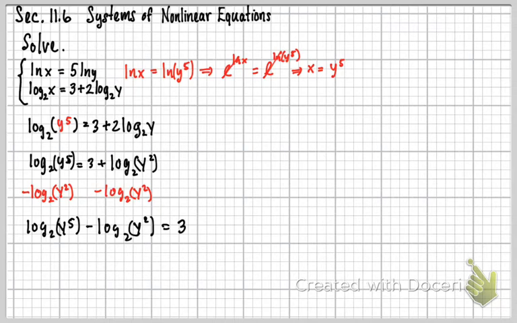So now I have a subtraction of logs property. What that means is if I subtract, I'm dividing what's inside of my logs. The reason for that is if you think about when I subtract exponents, I subtract them when I'm dividing. It has that same structure that exponents do.